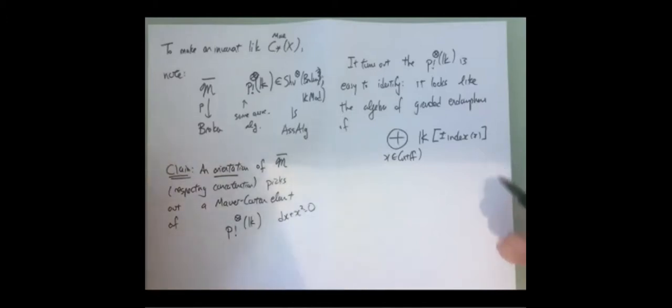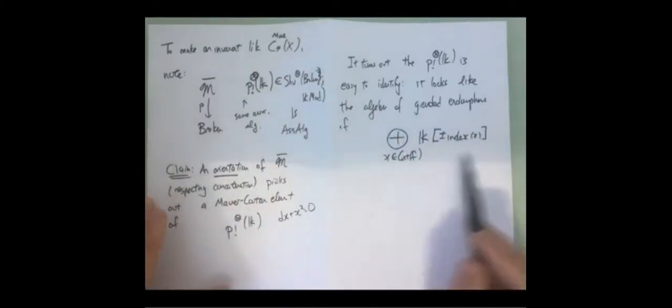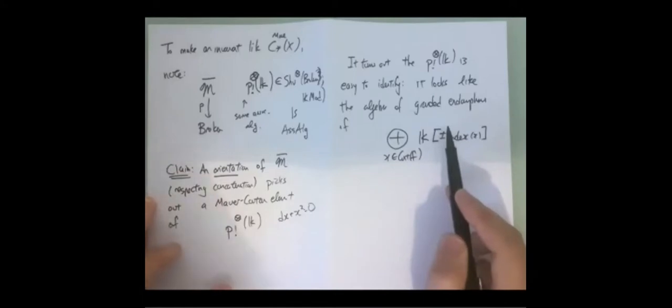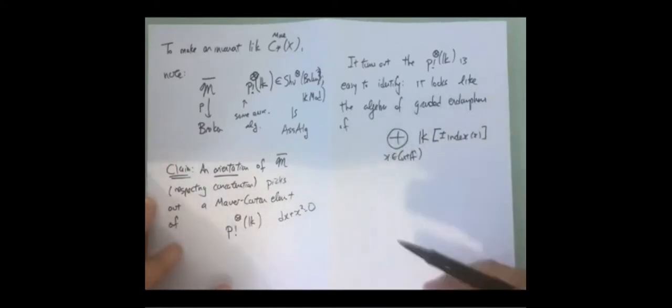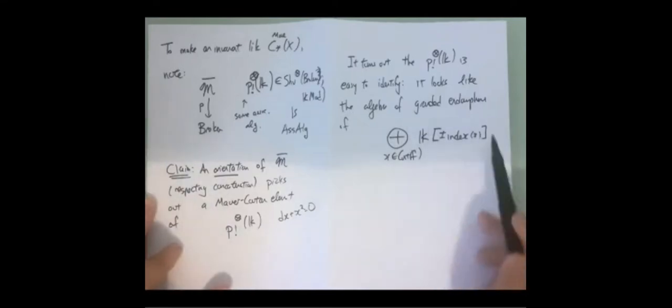Precisely the deformation problem that you get out of answering that question is you write out the graded endomorphism algebra of this thing, and you realize that giving a Maurer-Cartan element of that graded endomorphism algebra is precisely the data you need to put a differential on this.